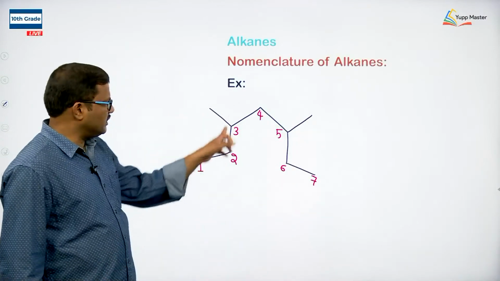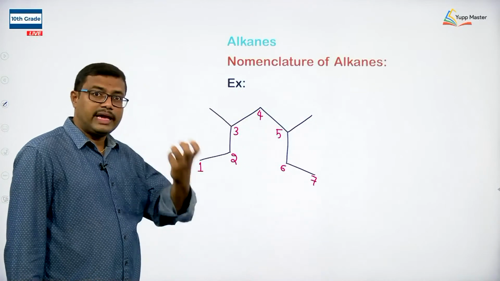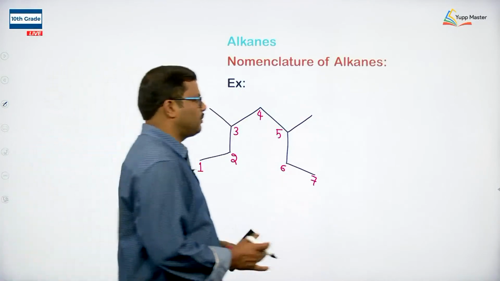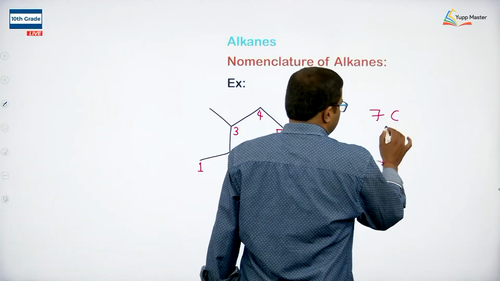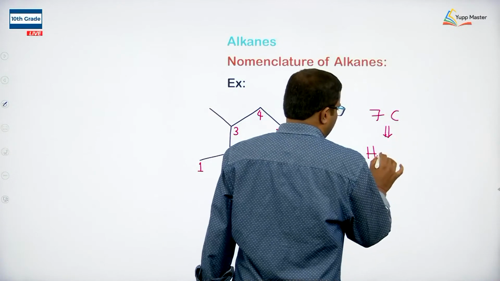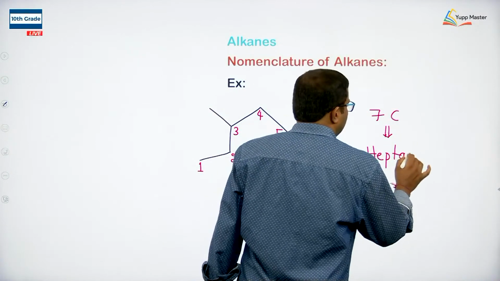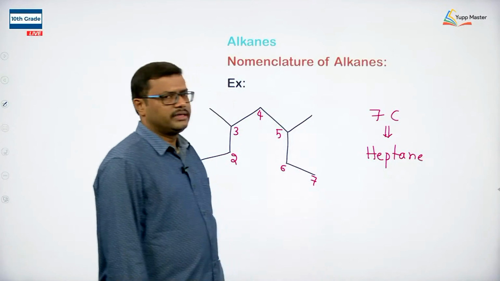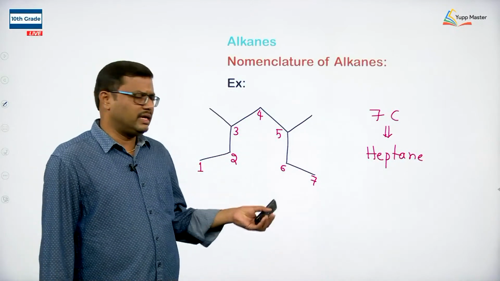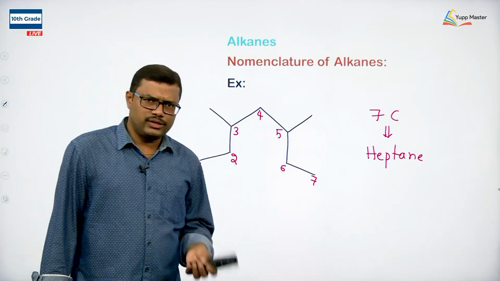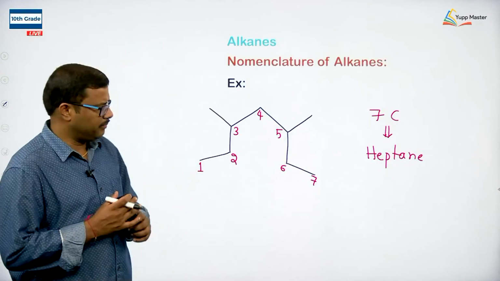So we have to select in this direction, as this contains the maximum number of carbon atoms. How many carbons are present? 7 carbons. What should be the name of the parent chain? Parent alkane is heptane, 7 carbons, hept. ANE is used for indicating the saturation. So it is heptane.